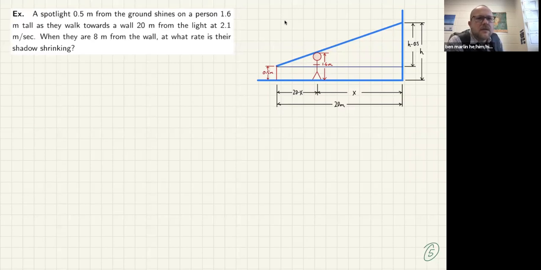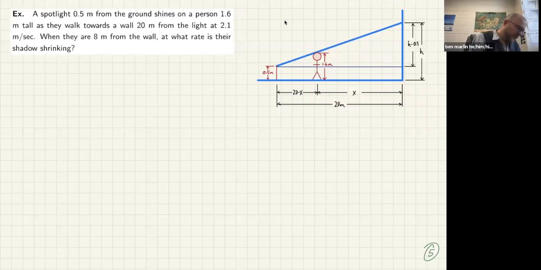Since they're walking towards the wall, the thing that I labeled as X is getting smaller, okay? So that means we have a negative value for dx dt.